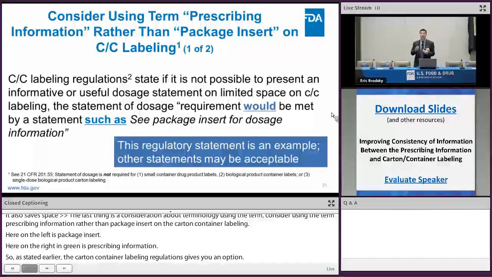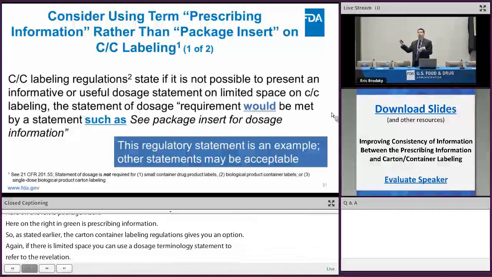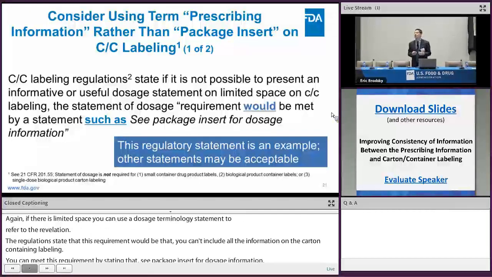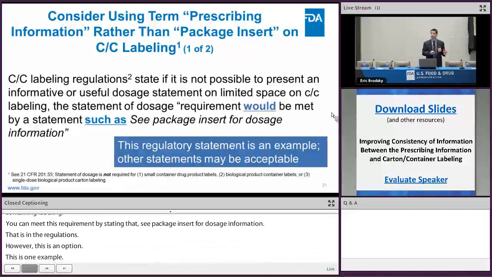The regulations state that this requirement would be met. Again, if you can't include all the dosage on the carton container labeling, you could refer to the prescribing information. You could meet this requirement by stating see package insert for dosage information. So that's in the regulations. However, this is an option. This is one example. Other examples may be used. So understanding that the exact statement is optional, consider this.